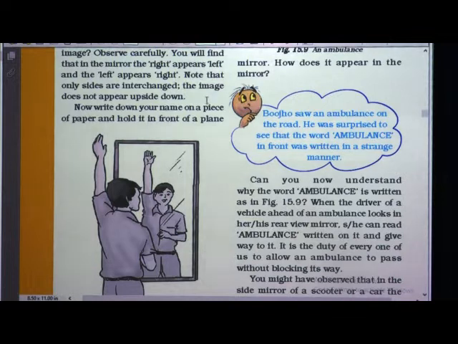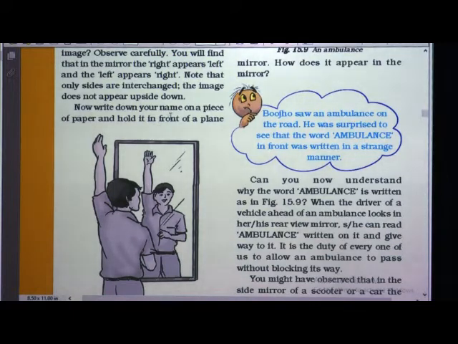So this is the meaning of this sentence: the image does not appear upside down. It will not change the upside down position, but only the right side you will see at left and the left side at the right. This difference only you will see, but most important, it will not change the upside down position.